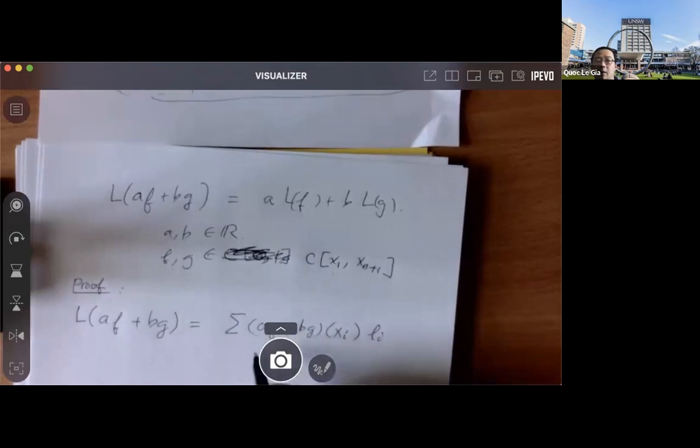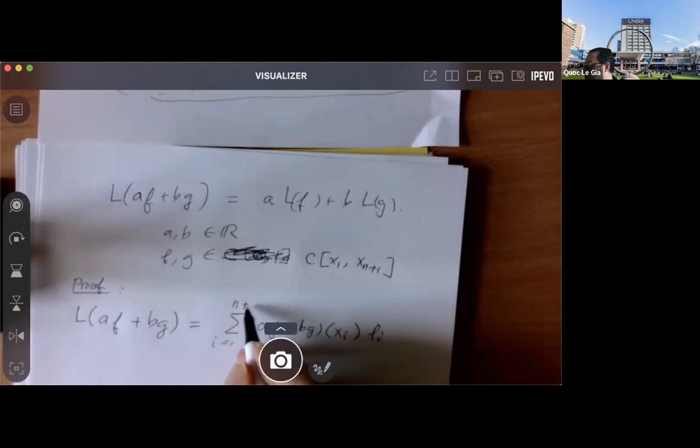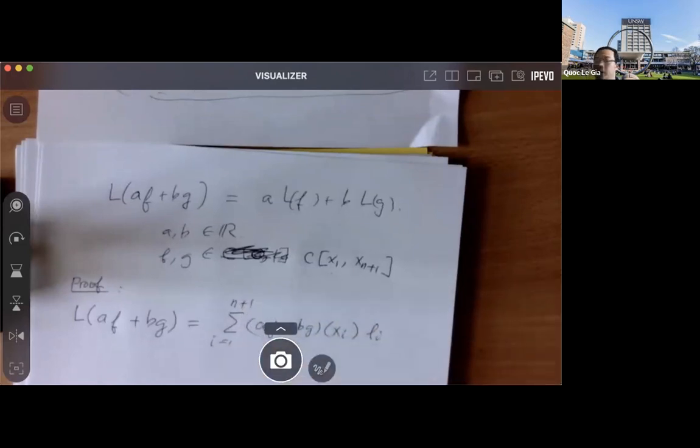So Li is the Lagrange basis function, yeah? So this one is just from the definition.